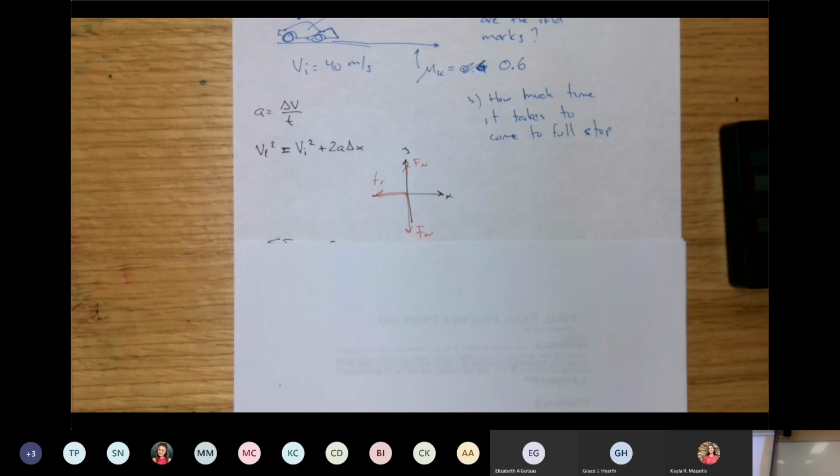So B, this will be equal to mass times acceleration. Is the normal force calculated in that? Yeah, I'm using the normal force times the friction coefficient. Right.